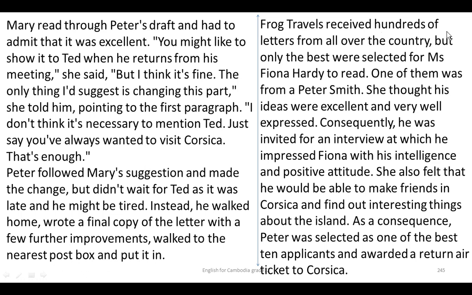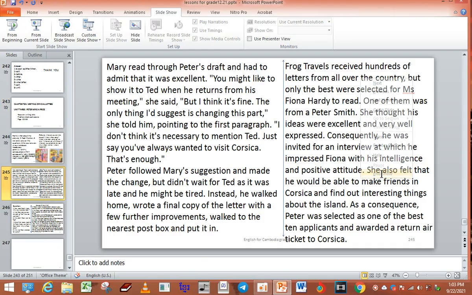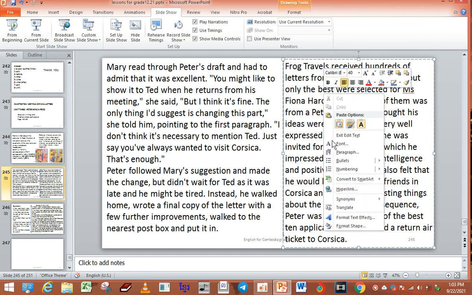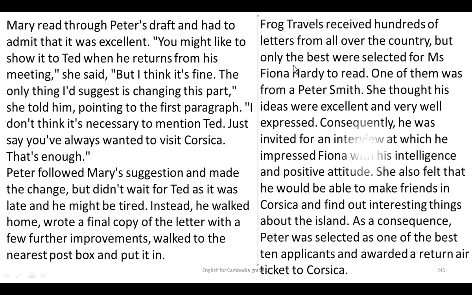Frog Travel received hundreds of letters from all over the country, but only the best were selected for Mrs. Fiona Hardy to read. One of them was from Peter Smith. She thought his ideas were excellent and very well expressed. Consequently, he was invited for an interview at Frog Travel.